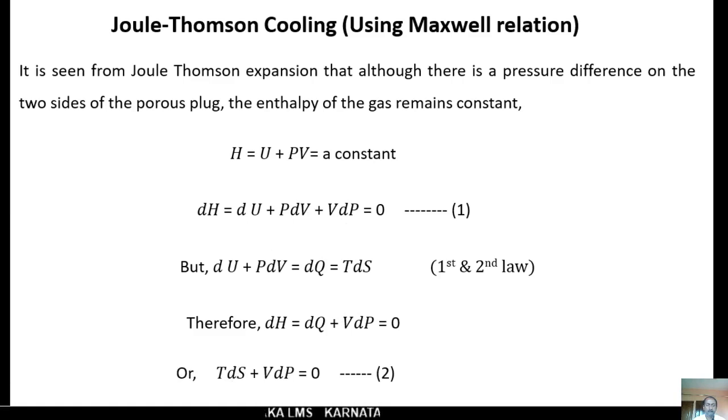Or T dS plus V dP equals 0, because from the second law of thermodynamics dq equals T dS, the entropy concept. Here dq is replaced with T dS. Let it be equation 2.